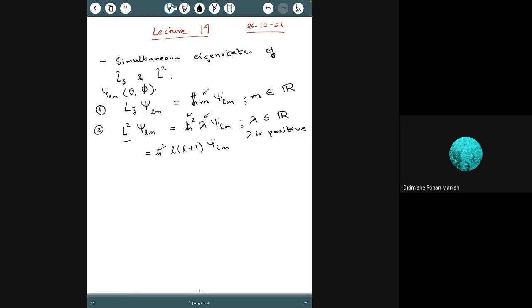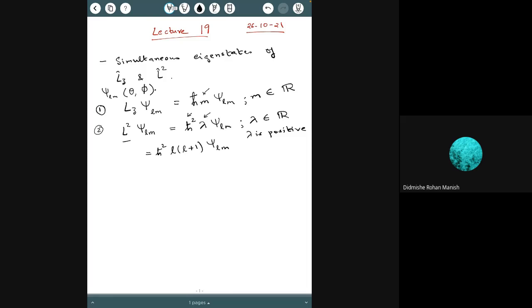Now, why am I doing this? Typically, if you know that lambda is real and positive, you would write it as L square maybe to ensure that it's always positive. But this is again a wise after the event step, because if you write it as L into L plus 1, then the differential equation that you get has a standard form and the solutions were known from 100 years ago.